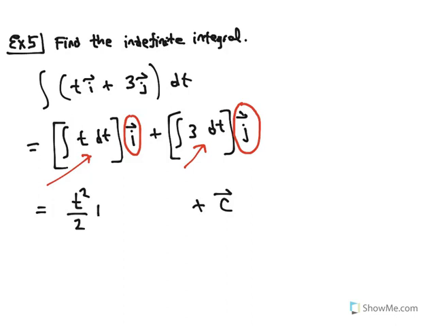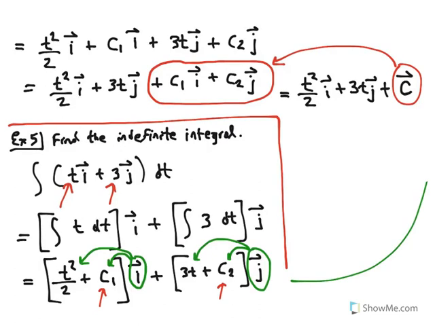If you do that, then you just have t squared over 2 i, and then an antiderivative of 3 with respect to t, which is 3t, multiplied by the standard unit vector j, plus this constant vector of integration.